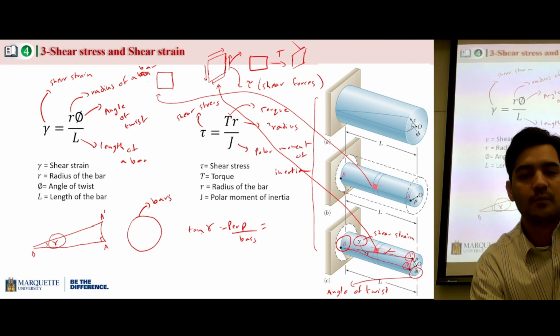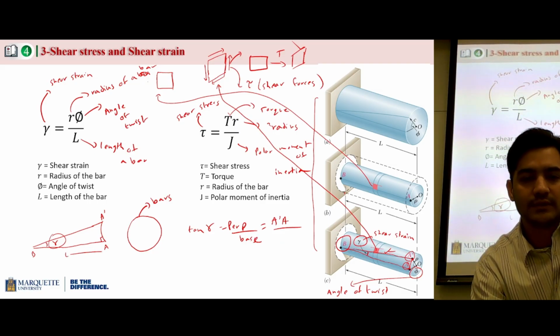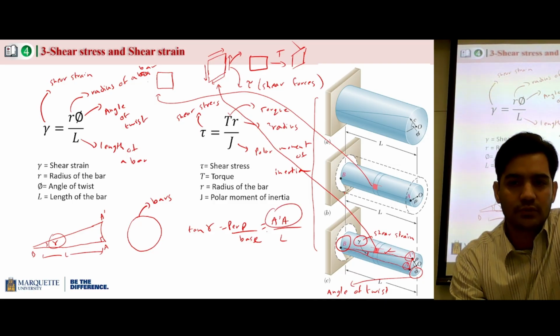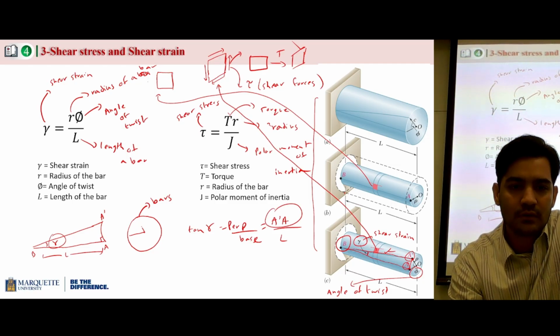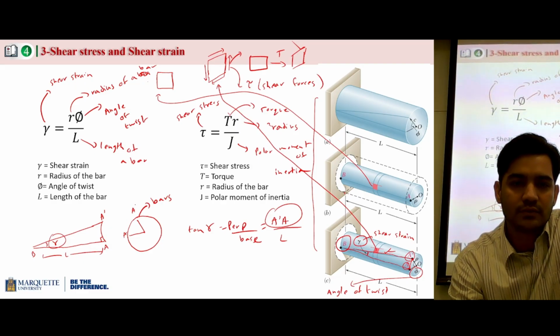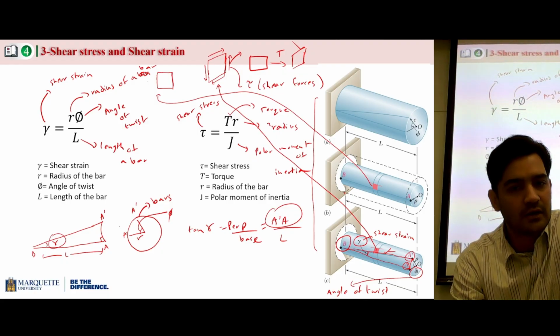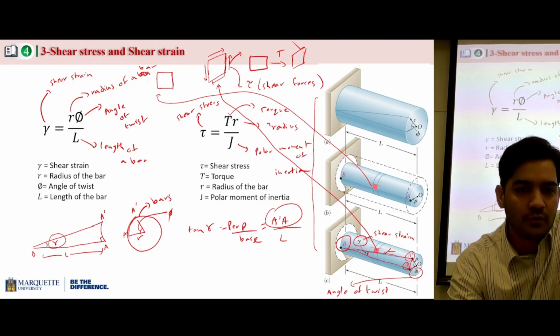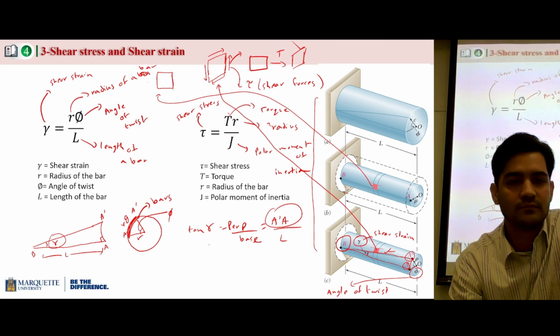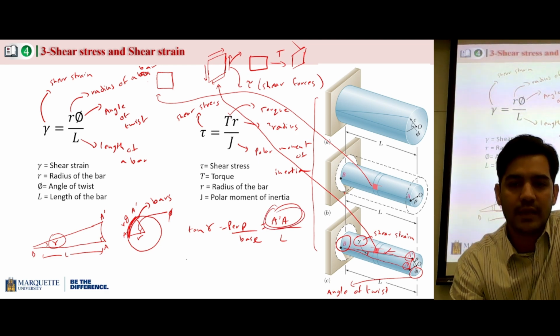The perpendicular in our case is AA', and the base is this distance, which is L. This is the angle theta, and this distance is R. So we know this distance AA' is r theta, so we can replace AA' by r theta.